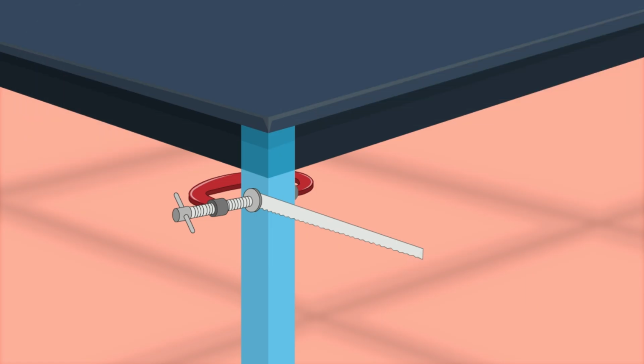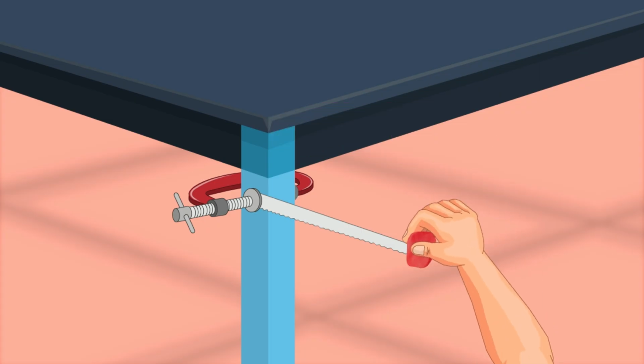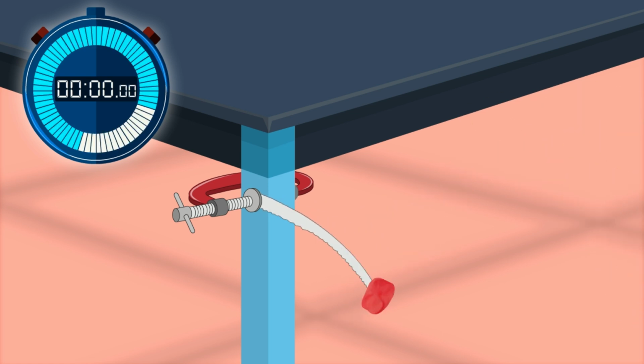Then, repeat the same step by using plasticine with a mass of 60 grams attached onto the end of the hacksaw blade and record the result in a table.